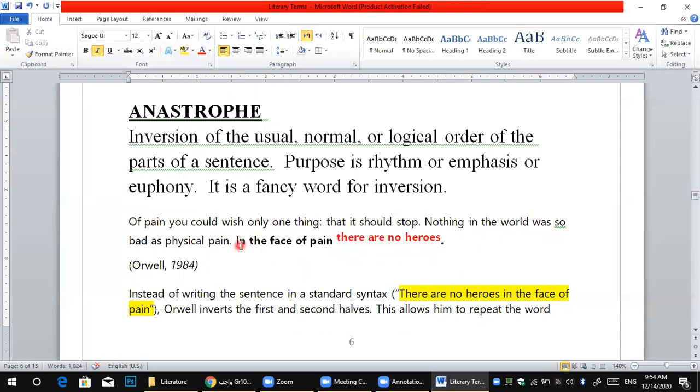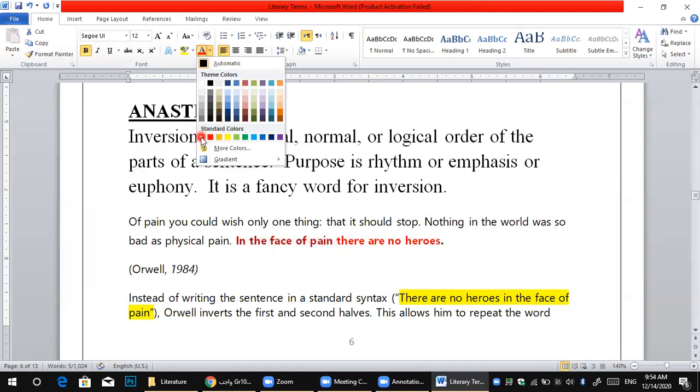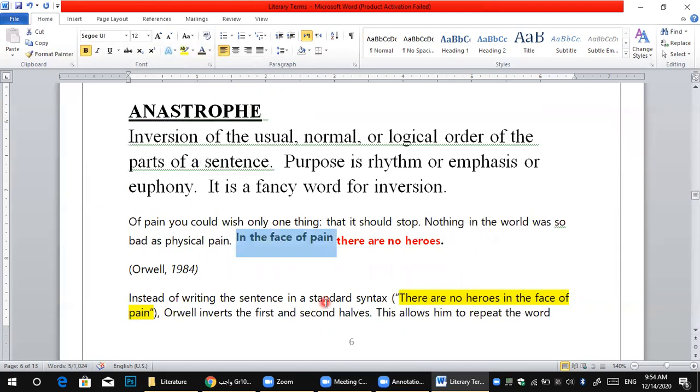Okay, so number one, in the face of pain. So here this part is called anastrophe. Why anastrophe? Because he changed the structure of the sentence.